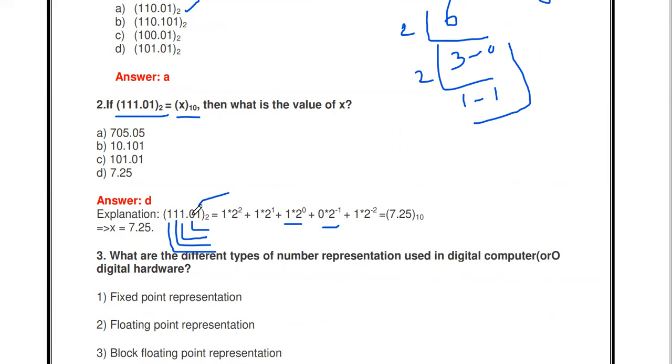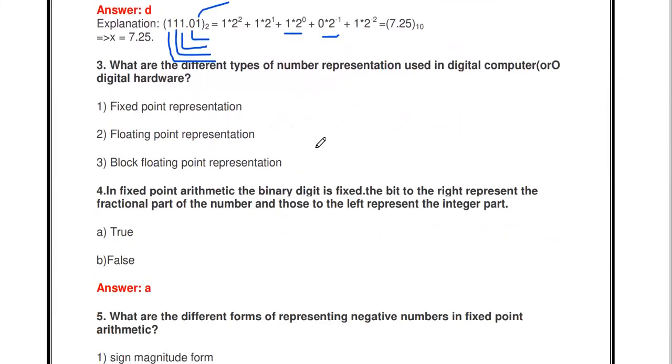So the answer, starting from the most significant bit, is 1 into 2 to the power 2, plus 1 into 2 to the power 1, plus 1 into 2 to the power 0, plus 0 into 2 to the power minus 1, plus 1 into 2 to the power minus 2. Adding these values, we get 7.25. So 7.25 is the answer. This is the binary to decimal conversion.